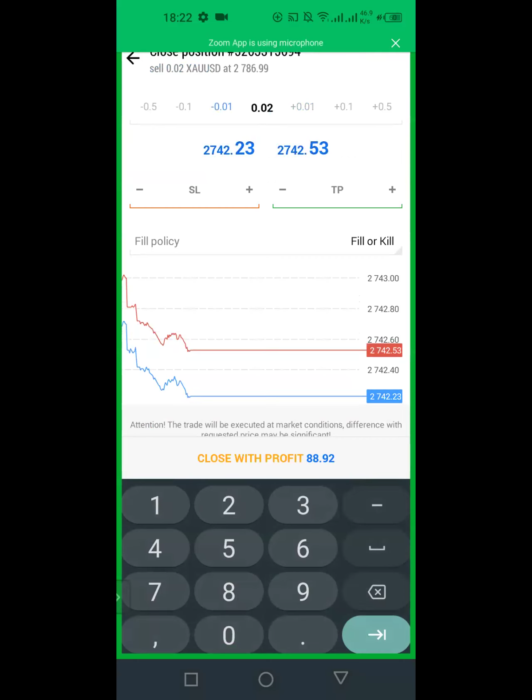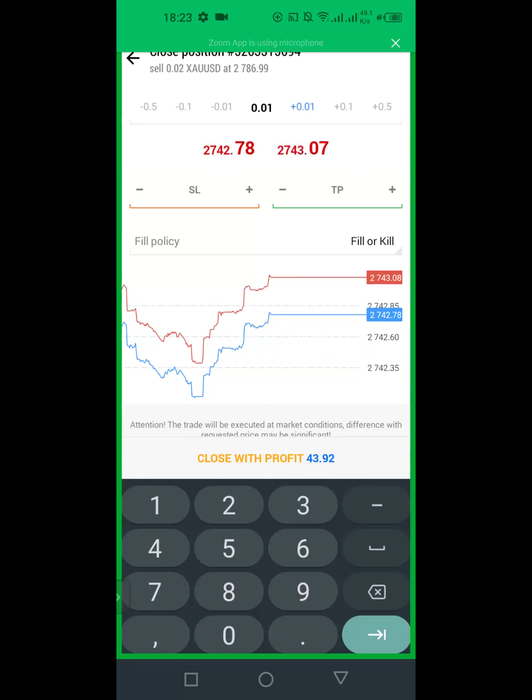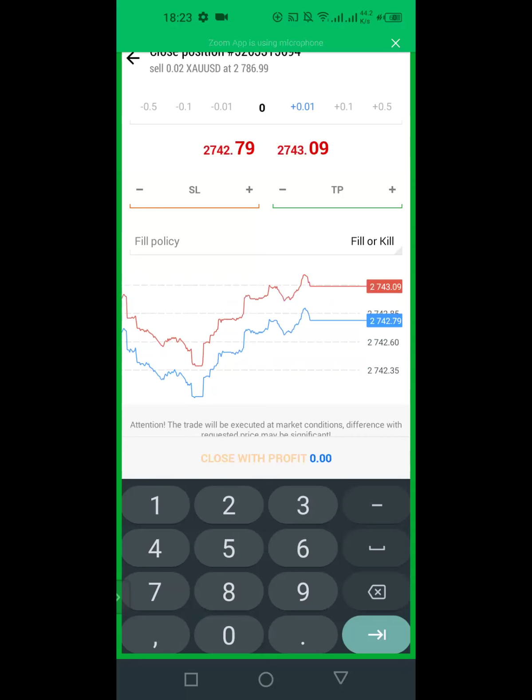Now, if it is on 0.02, you can see it's currently at 88.90, right? If I reduce the lot size to 0.01, it is telling me now that this trade will close me with profit of 44.9 or 43, whatever. You guys can see what I'm doing clearly. When it was on 0.02, the entire profit is $87.